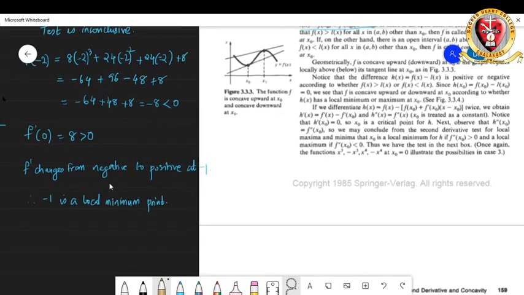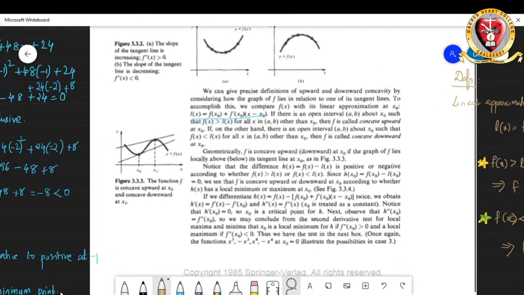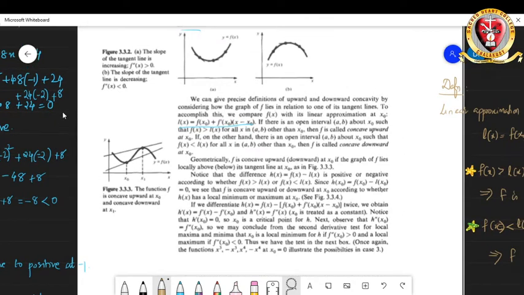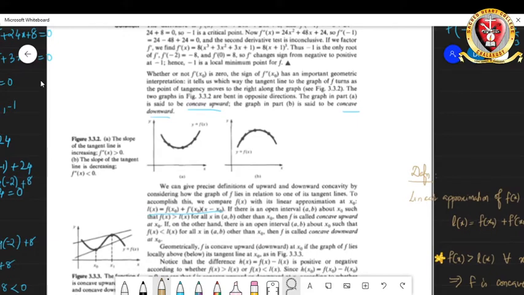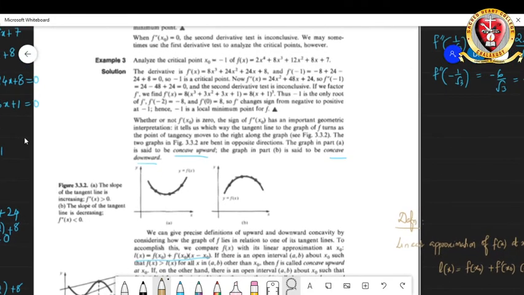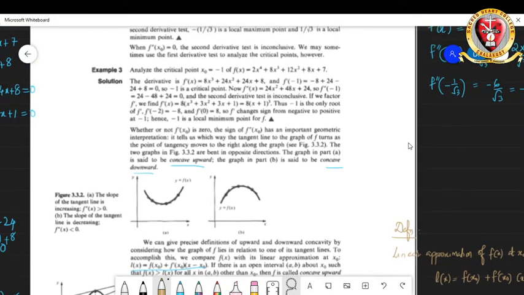We got f dash is changing from negative to positive. That means it is a local minimum point. That's how we conclude when we cannot use the test. You'll use the neighboring points to the left and right and find the values, how the change of the sign is coming, and then conclude.